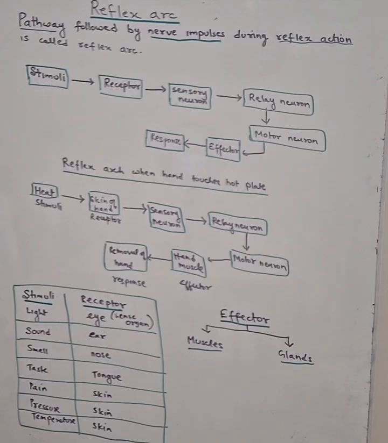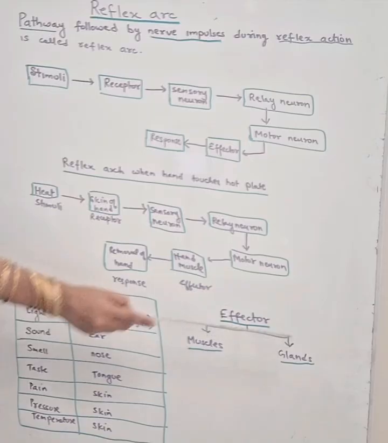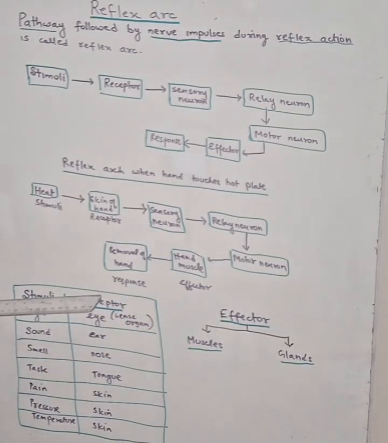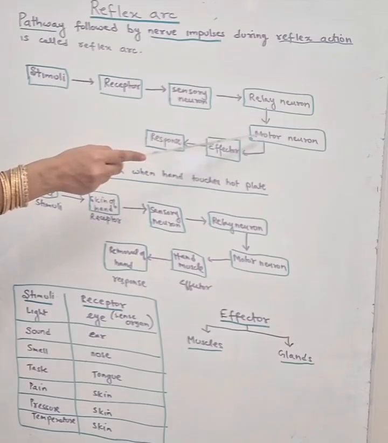Now what are glands? The glands here are endocrine glands. I can give you one example of a gland behaving as an effector. When we eat food, what happens after digestion and absorption? The glucose level in the blood increases. This message is sent to the central nervous system via the sensory neuron, and the central nervous system via the relay neuron sends the message to the motor neuron.